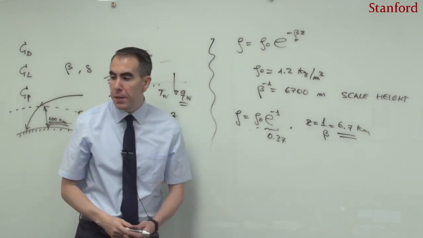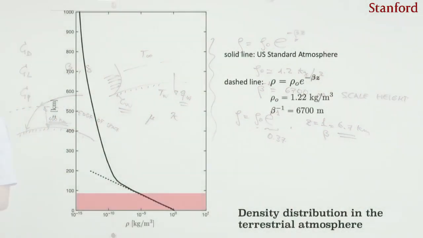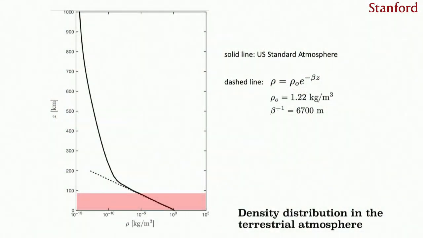So this can be seen in the slide. In the slide, you have a figure that shows the altitude in kilometers in the vertical axis, and in the horizontal axis, you have the density. You have a solid line that is taken from a database useful for calculations called the US Standard Atmosphere.